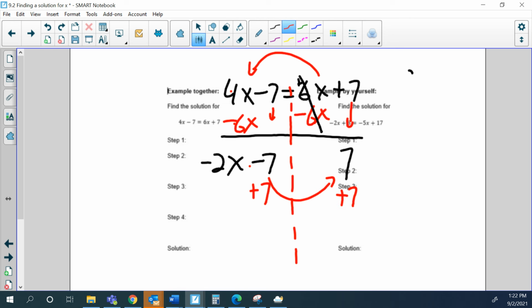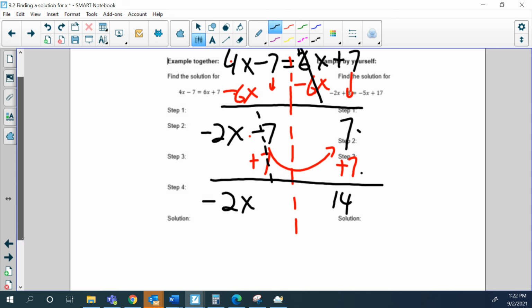Remember, what I do to the left side, I must also do to the right side. I draw my line. That goes away. So now, just on the left side, I'm left with negative 2x. On the right side now, I'm going to have 7 plus 7, and that gives me 14.